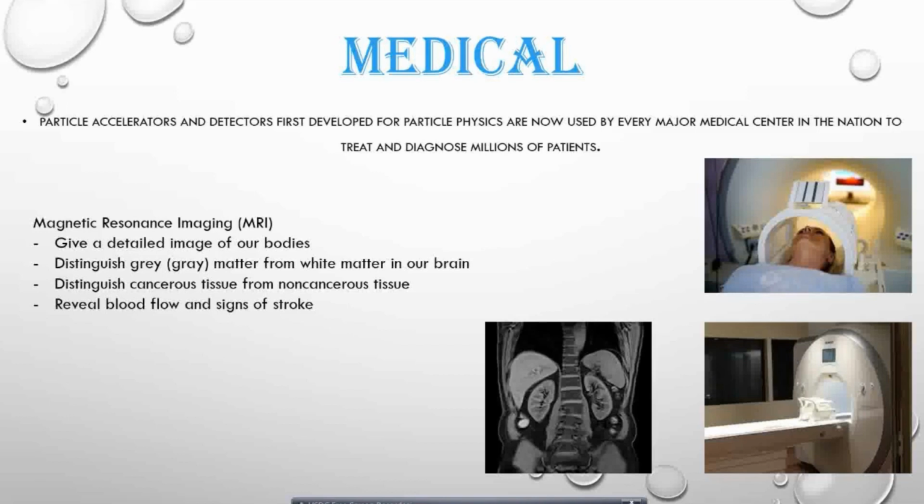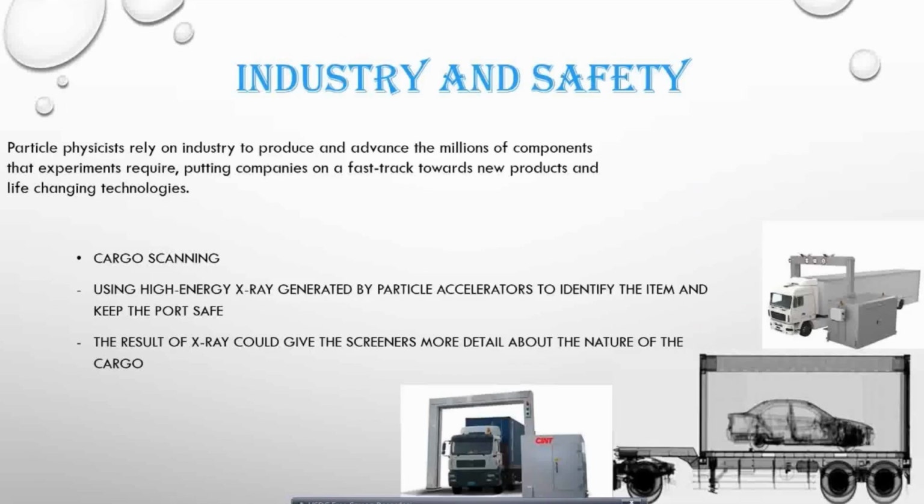And for the next one, industry and safety. So this is about the cargo I mentioned before. Cargo scanning: we know that ports are used for industry and they also need to be safe. So cargo scanning also applies particle physics, which uses high energy X-rays generated by particle accelerators to identify the items and keep the port safe.